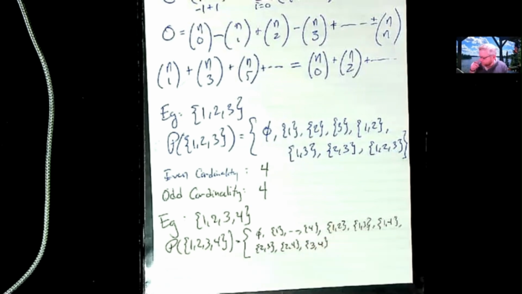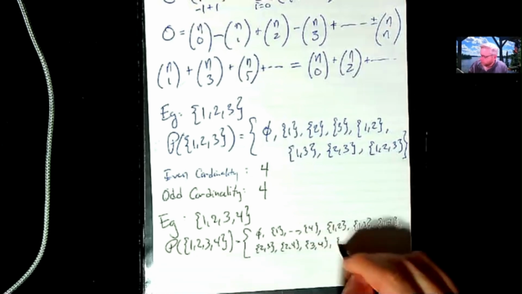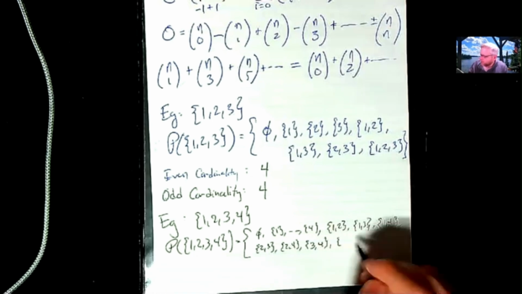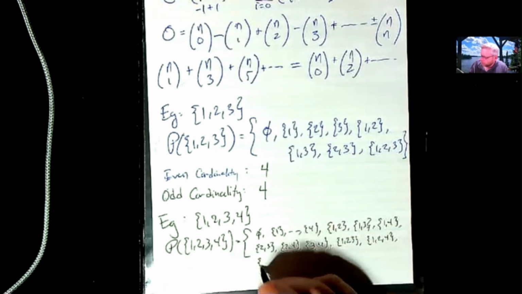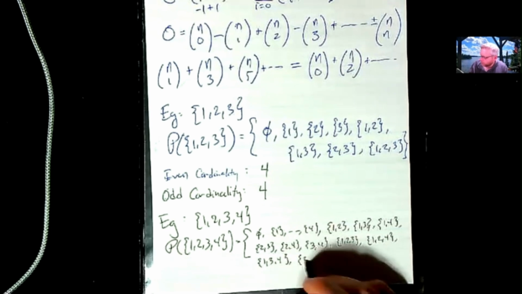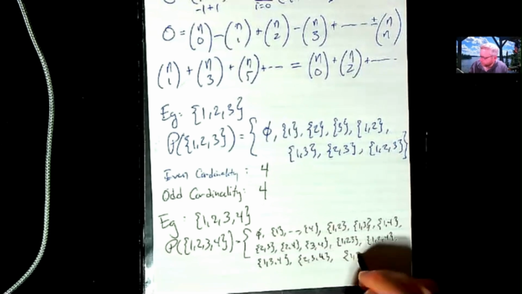I think that's it. Yep. We've got those, and then now the 3 elements: 1, 2, 3, 1, 2, 4, 1, 3, 4, and 2, 3, 4. And then we've got the whole set, 1, 2, 3, 4.